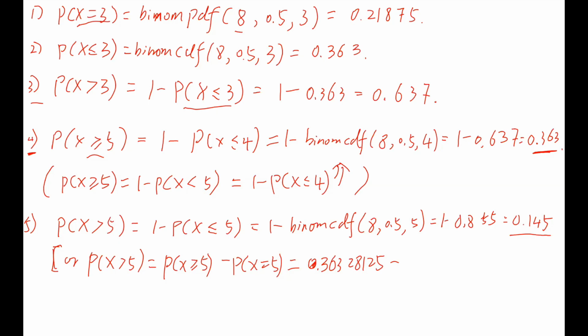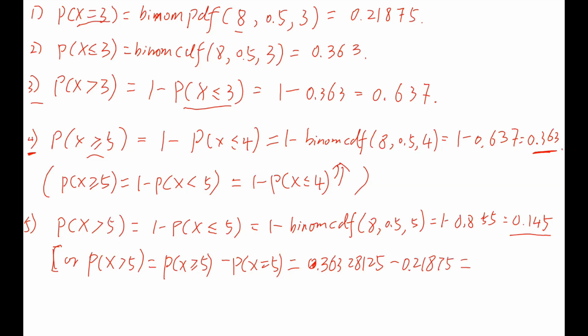That's what we use the PDF for here. So using the PDF, it's 8.5, and there is a 5 here. Be careful, now here is a PDF. What did you get? That's going to be 0.21875.